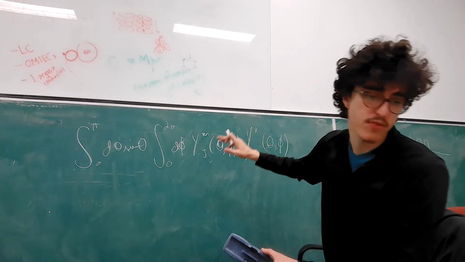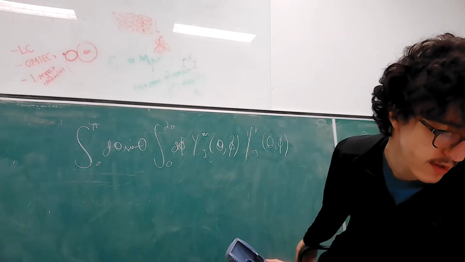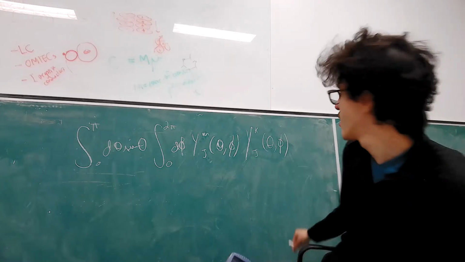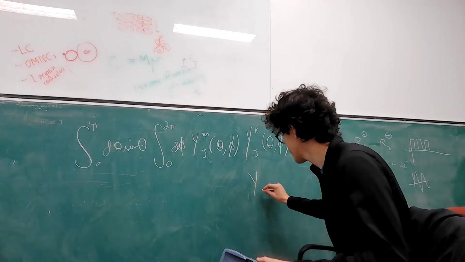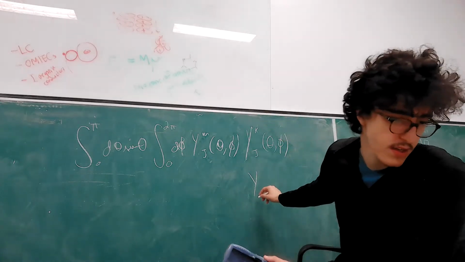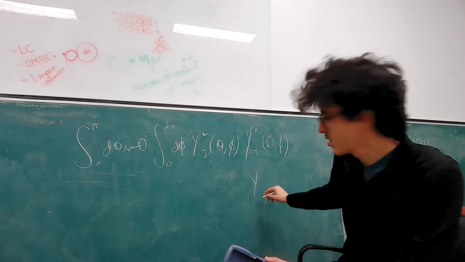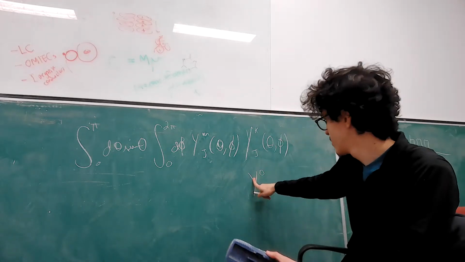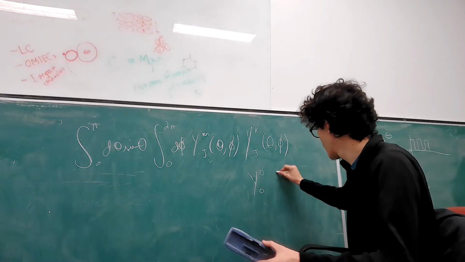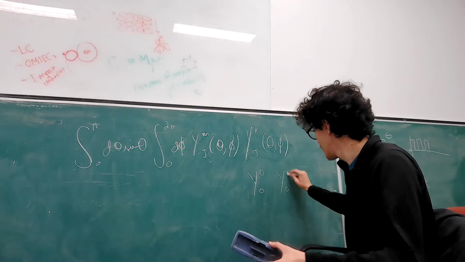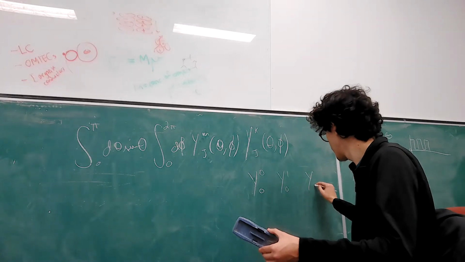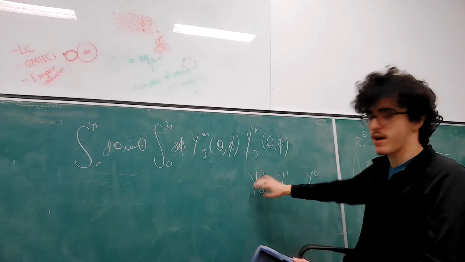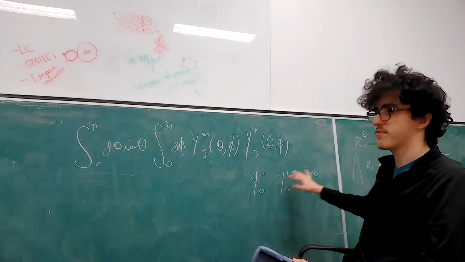Then you compute it with yourself, and then they do it with the others. So you do it with this one first, and they basically compare this one with itself, this one with itself, this one with itself.